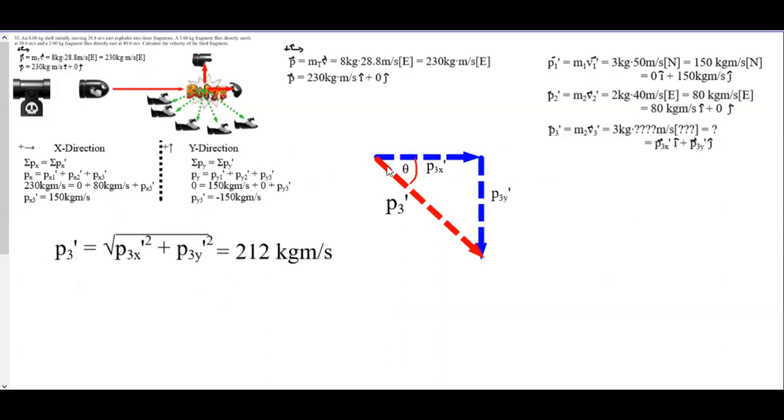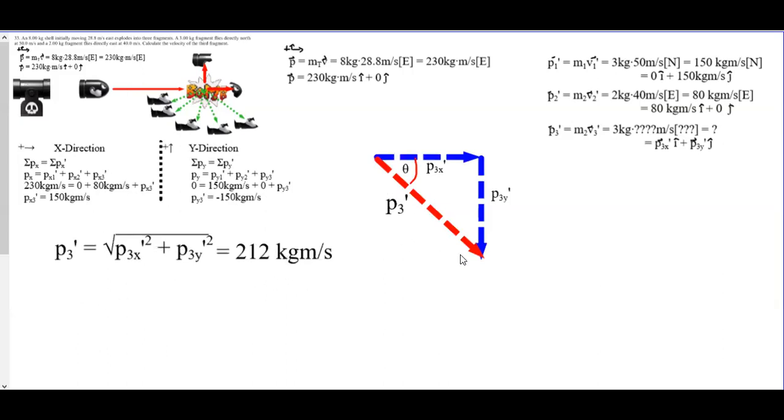If you plug in, we said this was 150 squared, added to another negative 150 squared, the negative will cancel itself out. Add them together, take the square root, you should get approximately 212 kilogram meters per second. I didn't type those in, I just figure at this point in the semester you guys can do that kind of math.